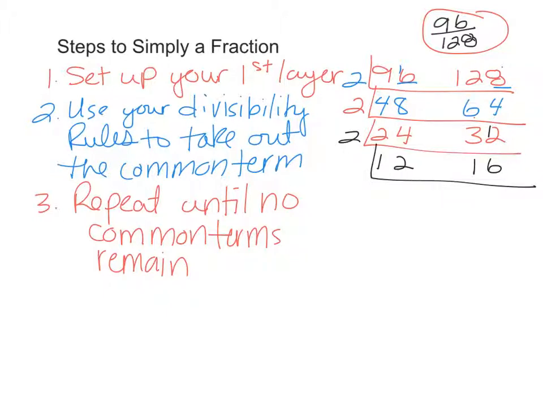Again, both even. Continue to use a 2. 2 goes into 12 6 times. 2 goes into 16 8 times. Again, still take the 2 out. 2 goes into 6 3 times. 2 goes into 8 4 times. So we repeat it until no commons remain.